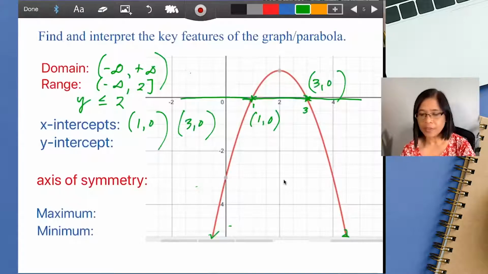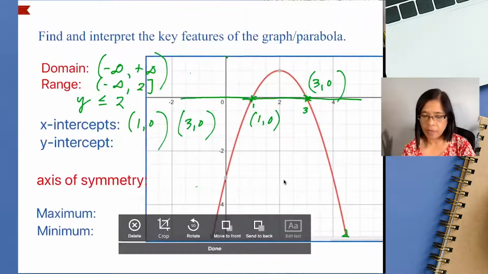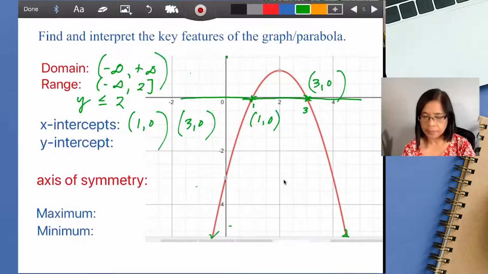Let's find the y-intercept. In your notebook, I want you to draw a line along the y-axis and stop where the graph and the line intersect. This is the y-intercept here, the point of intersection between the y-axis and the graph.